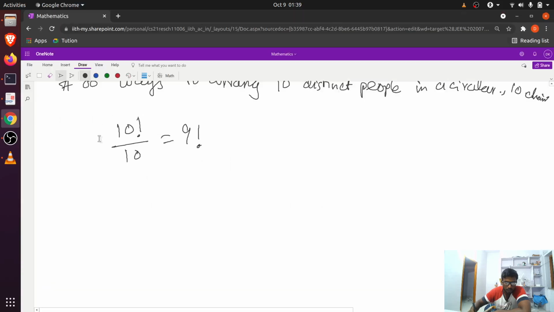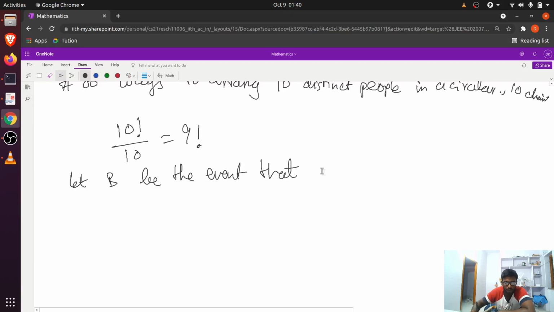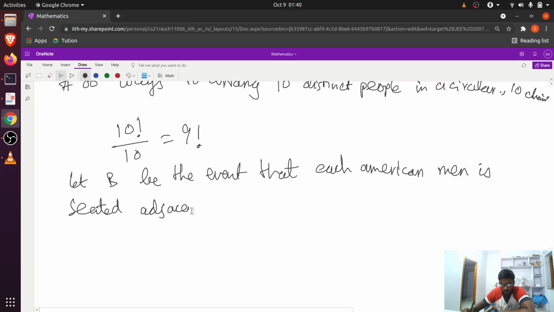Okay, we have two events. So let B be the event that each American man is seated adjacent to his wife.